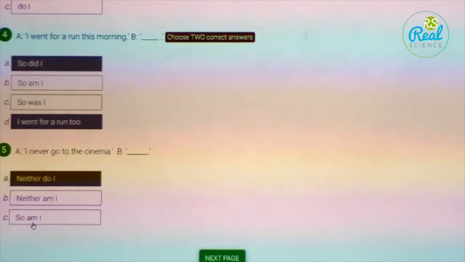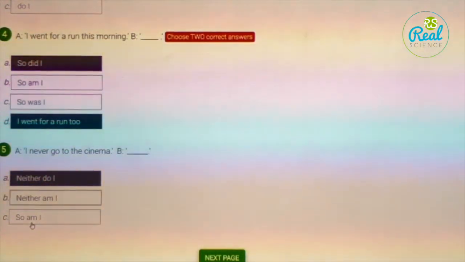And here we have am, but here we have actually the real verb. That's why you cannot put the to be form here. So in that case we have just this option, because these options are incorrect. That's why the best option is A1 here.